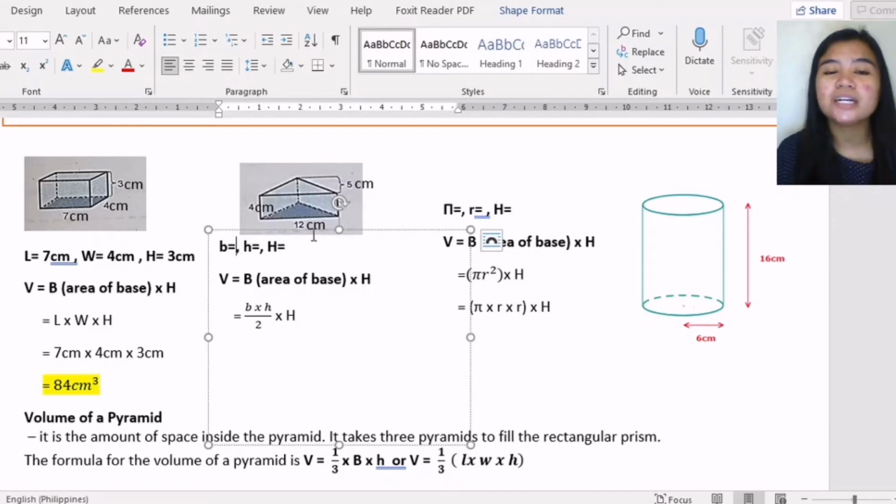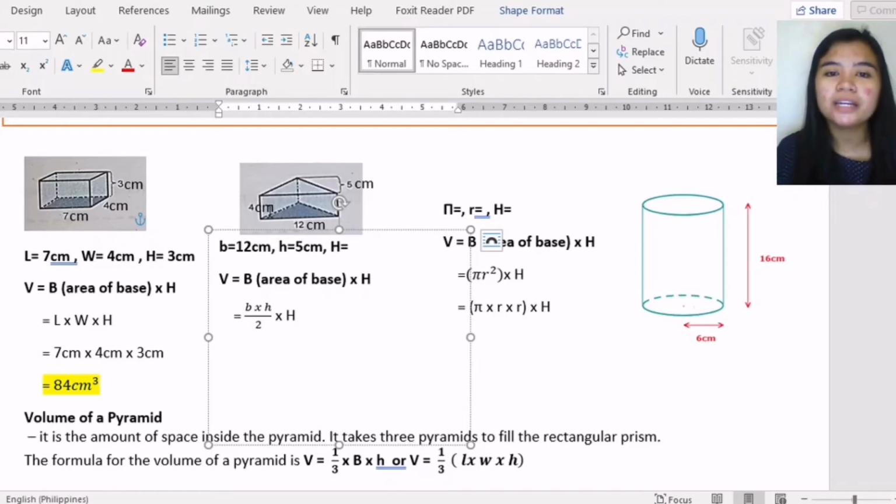Yung base dyan, dahil yan ay triangular prism, ang base dyan ay triangle. So, yung base ng ating triangle ay 12 cm. And then, the height of our base, ang height niya ay etong part na to, papunta dyan. So, that is 5 cm.